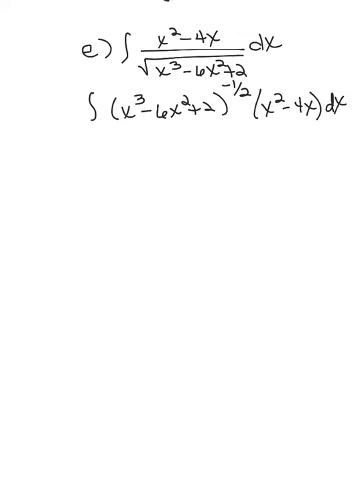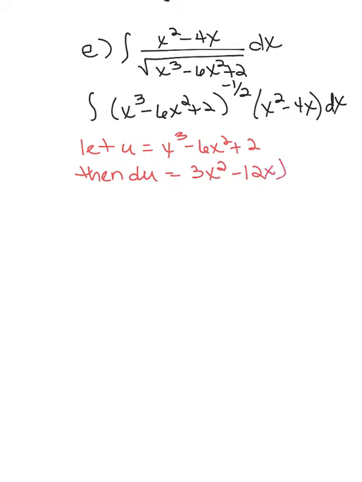On this one, we are going to let u equal the x cubed minus 6x squared plus 2, because it's the part to the power. Then du would be 3x squared minus 12x times dx.